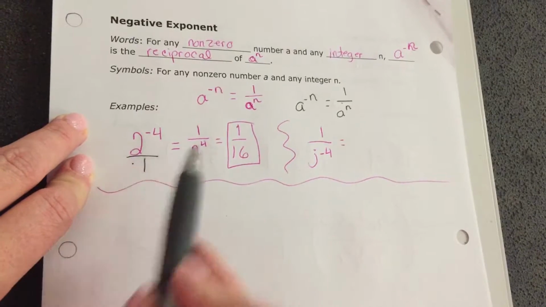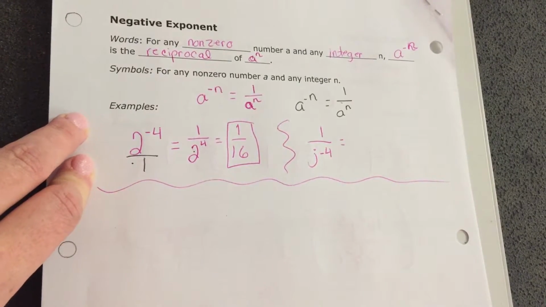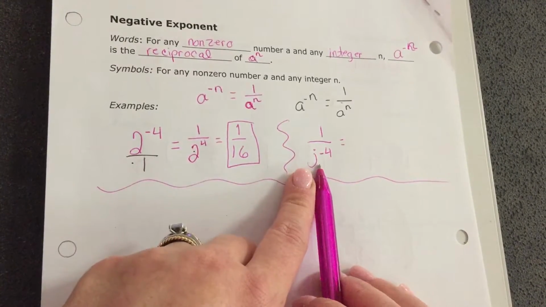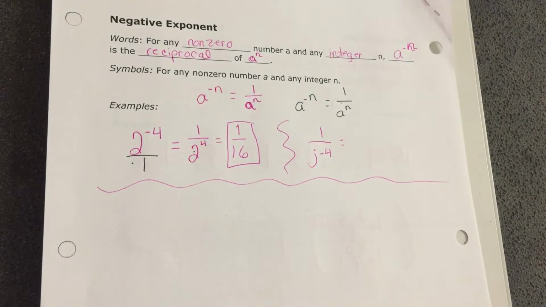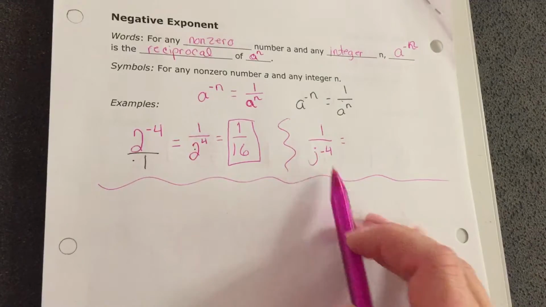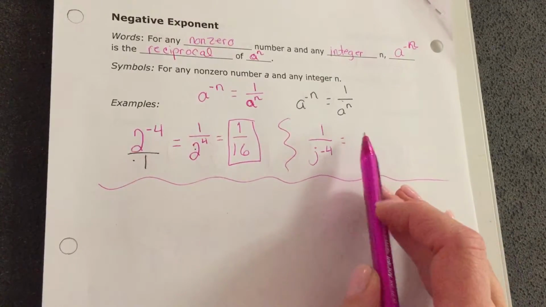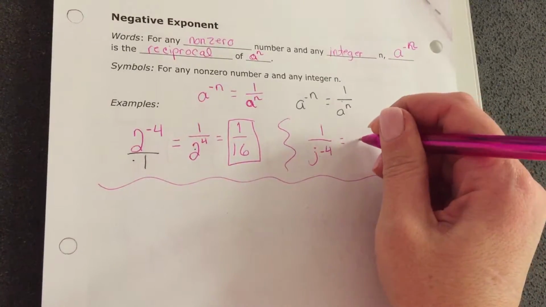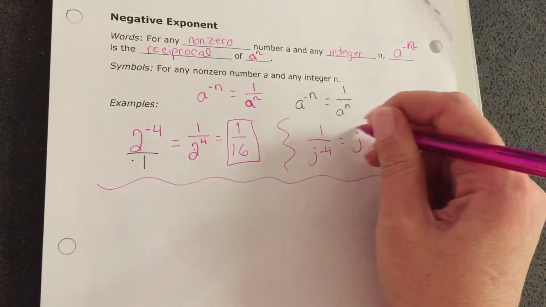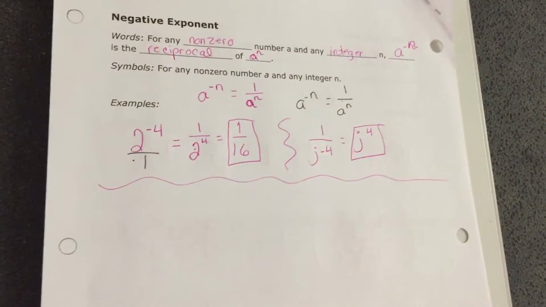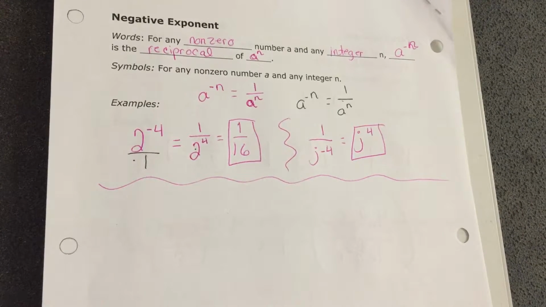So do you see how this and this became the reciprocal? Okay. So to get rid of a negative exponent, you just flip it. So this now needs to go into my numerator. So it just makes it j to the 4th. I don't have to put over 1. So if you have a negative exponent in the denominator, it's now going to go to the numerator. If you have a negative exponent in the numerator, it's now going to go to the denominator, okay?